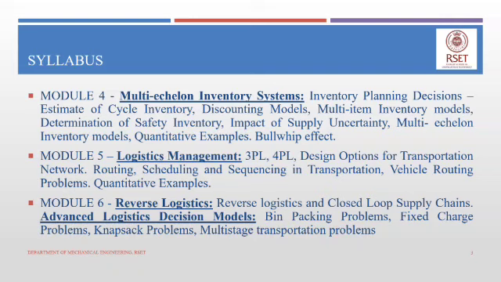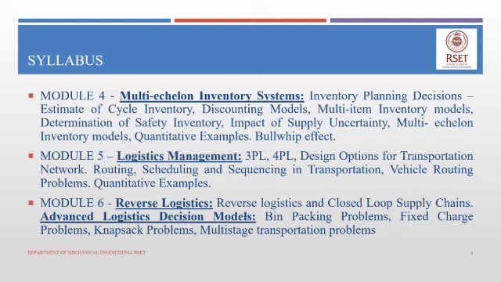In module number 4, we would deal with the inventory systems associated with supply chains. So we'll talk about multi-echelon inventory systems and inventory planning. We'll talk about how to estimate the cycle inventory. We discuss discounting models, multi-item inventory models.